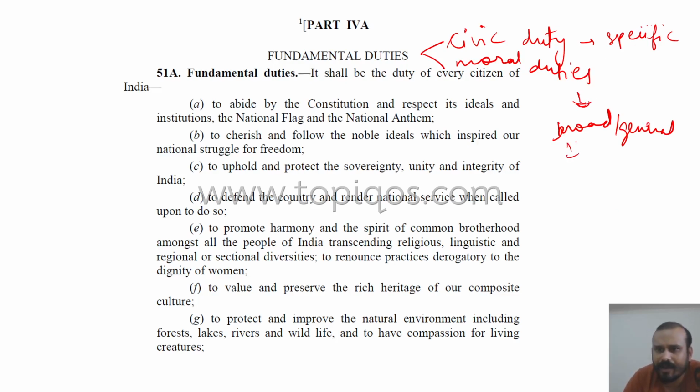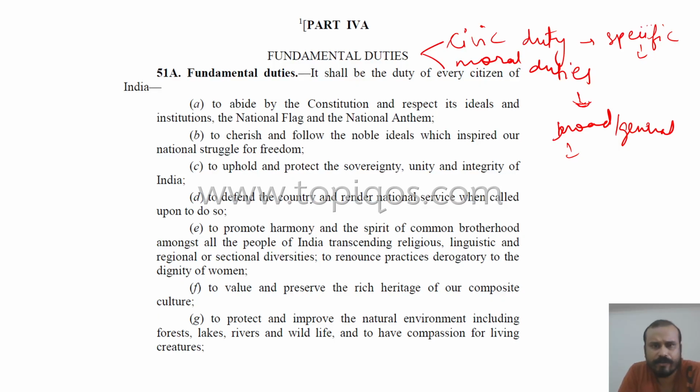Law regarding moral duties is very difficult to frame, but you can frame laws easily regarding civic duties. For example, a civic duty: you should respect your national flag. You can create a law on how the national flag has to be respected.